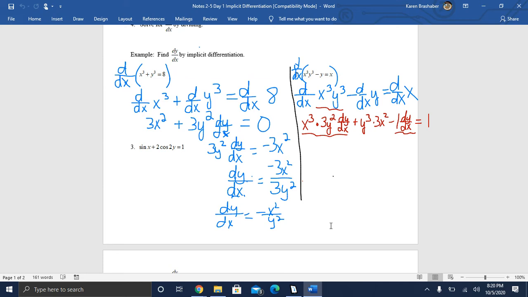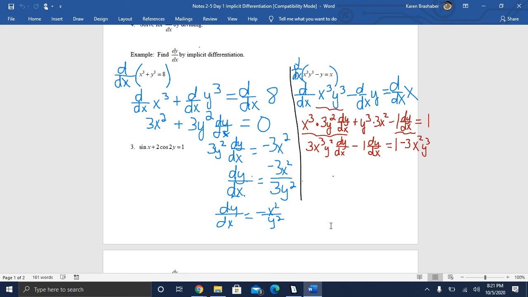So, for example, I'm going to write this as 3x to the third y squared dy dx minus 1 dy dx, and I kind of recommend keeping that 1. And then equals 1 minus, and I'm bringing that other term to the right-hand side, so I'm going to make it 3x to the second y to the third.